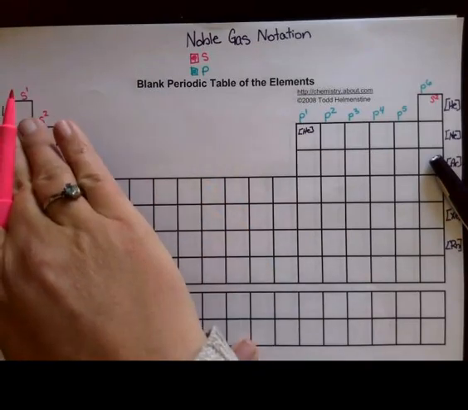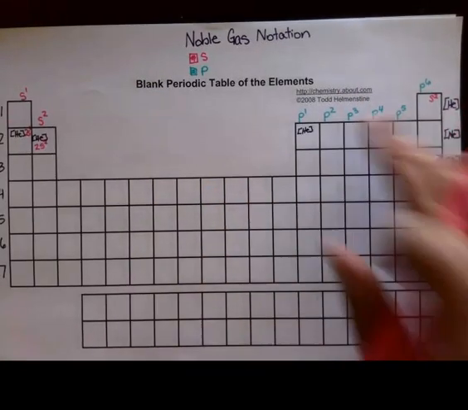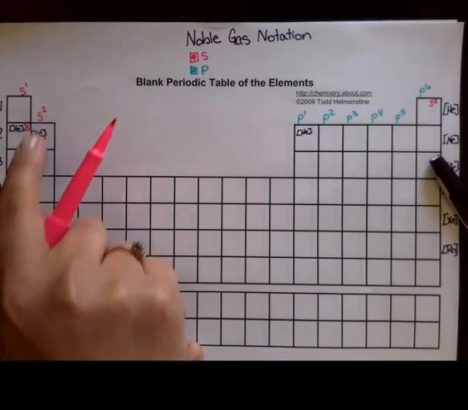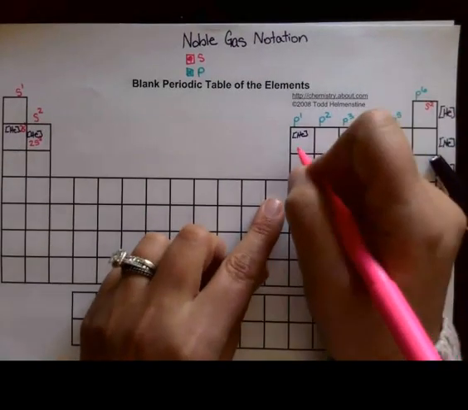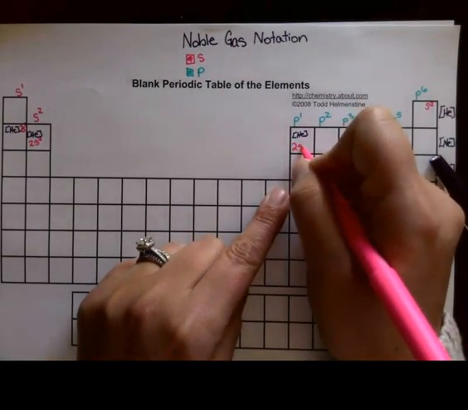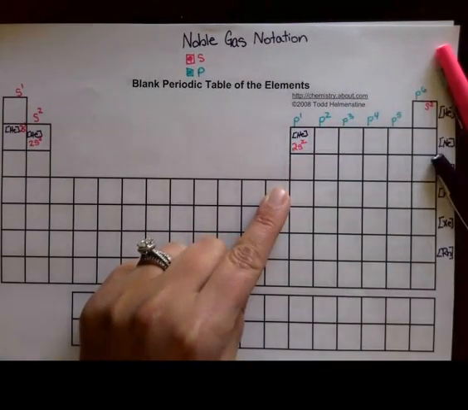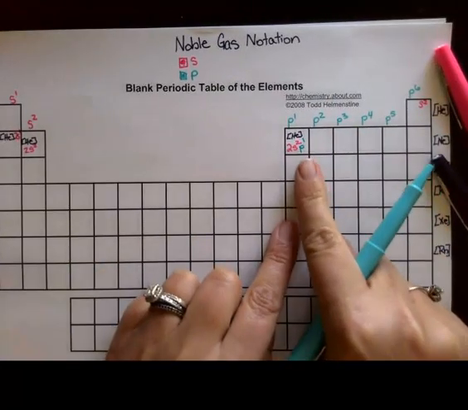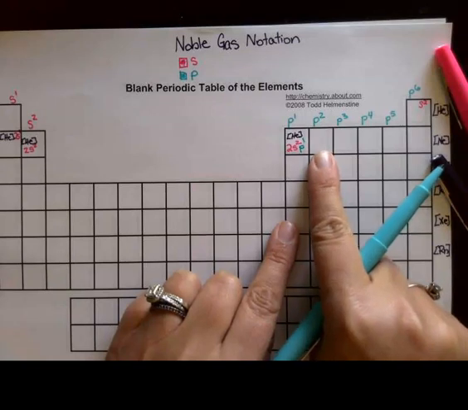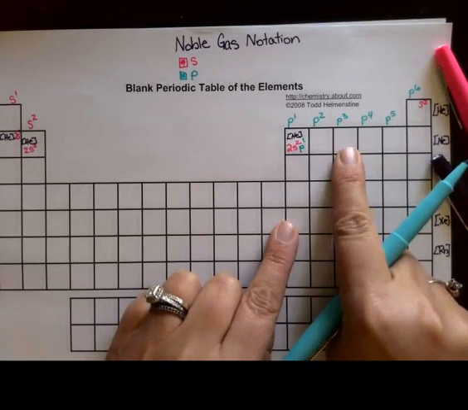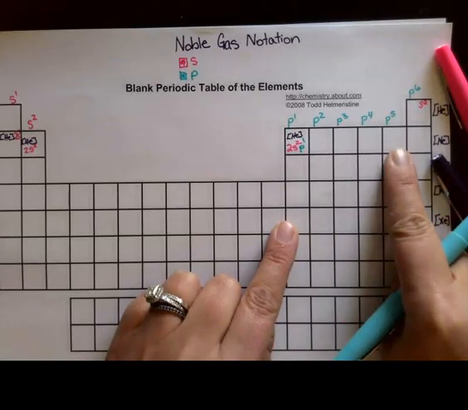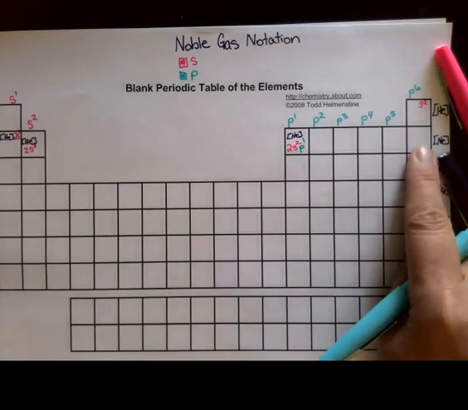Remember, we were doing the S and the P before putting them together. It's the same thing. We're just putting the row number in front. So it's 2S2, 2P1. This would be [He] 2S2 2P2, [He] 2S2 2P3, [He] 2S2 2P4, [He] 2S2 2P5, [He] 2S2 2P6.